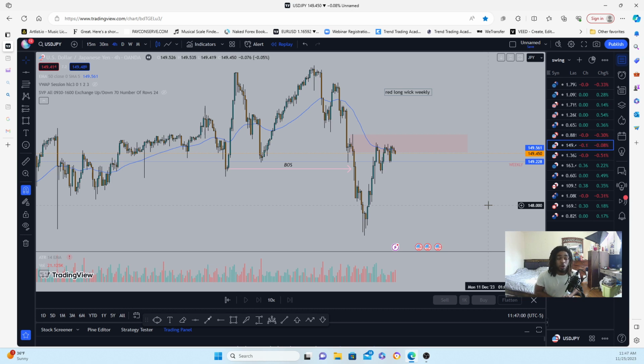I remember phase 2 for 100K, bro. I was within $50 of my profit target to pass the challenge. And I started trading different. I'm like, all right, let me just do this to get there fast. And then I went on one of the worst losing streaks I've ever been on in my life. And I've been struggling ever since. So I changed it up. I got a checklist now.